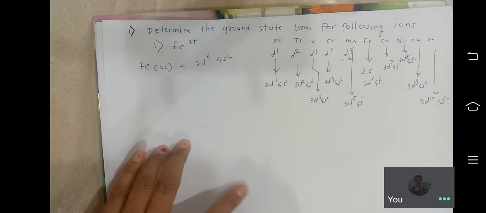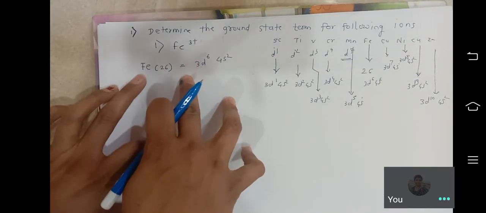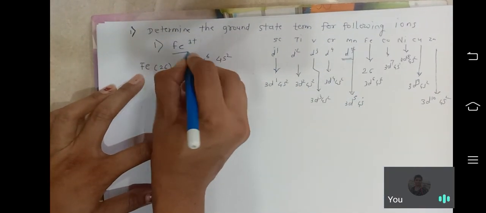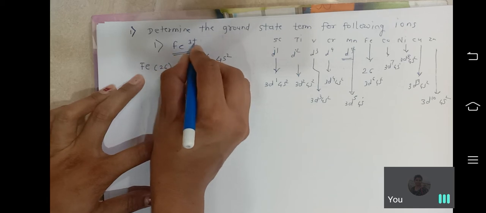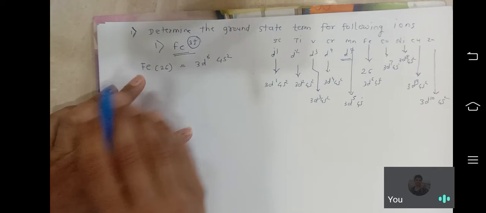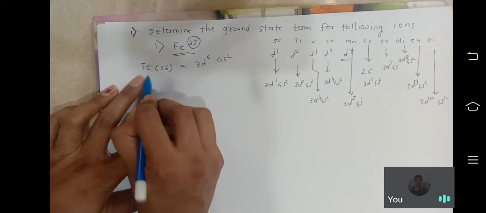Okay, atomic number of iron is 26. See here, 3d6 4s2, but in the question what is here for iron? Fe3+, that means it carries plus 3, so you have to remove 3 electrons from the Fe.